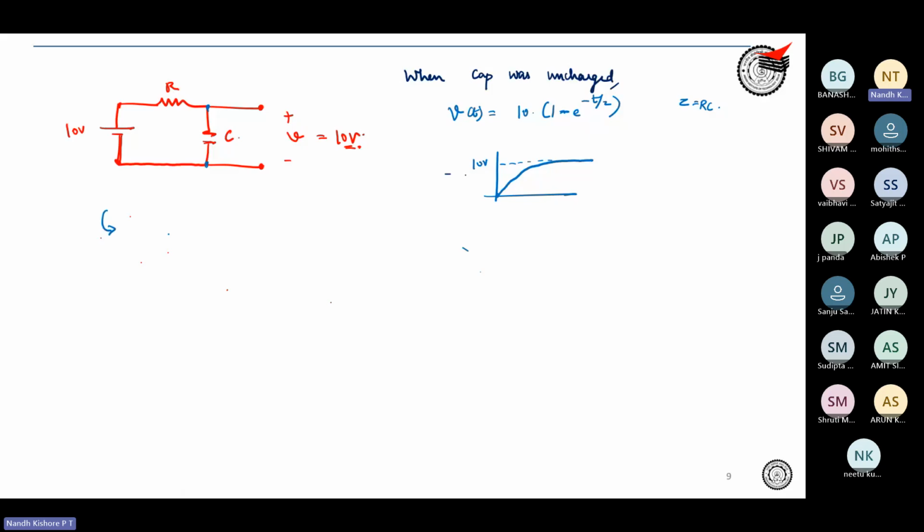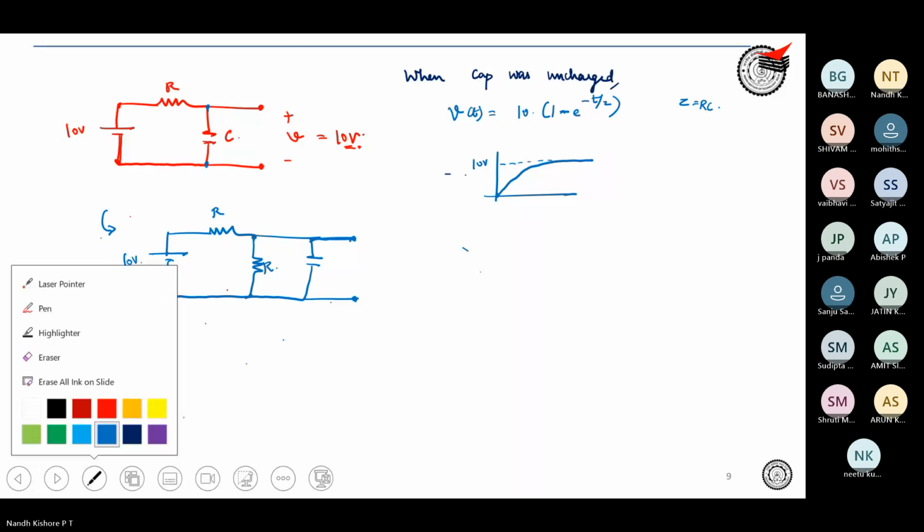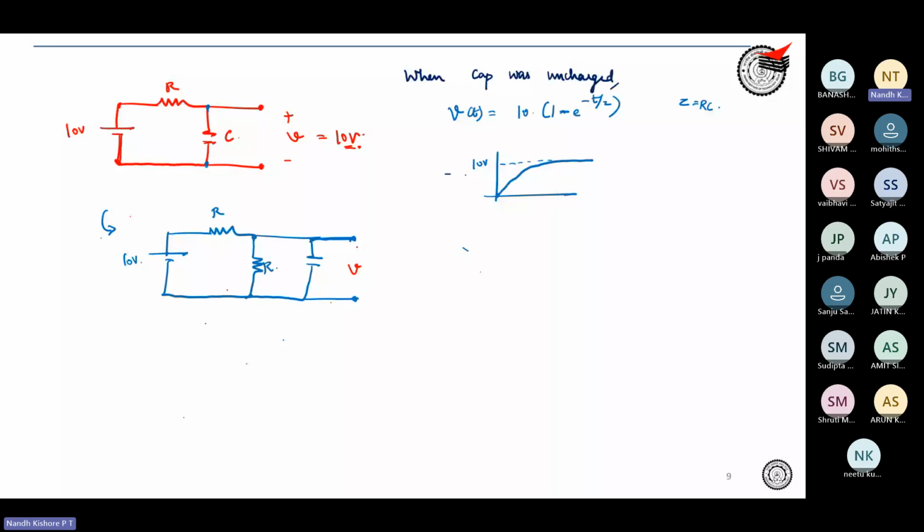Now let's take another case. You have 10 volts over here, I have R, and another R over here. I connect a capacitor across this R. Under steady state, at infinite time, what will be the voltage across it?